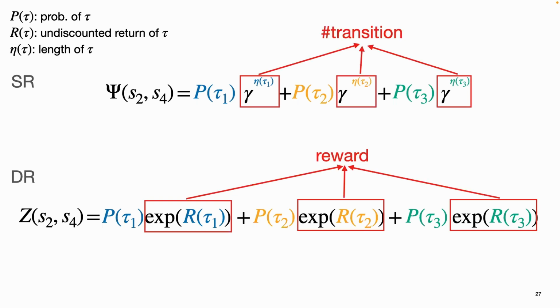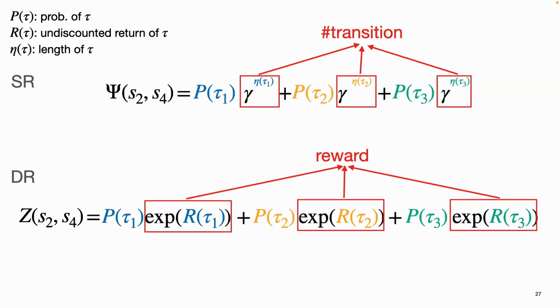The successor representation captures the number of transitions it takes to get from one state to another. But the default representation captures the reward along the way when you travel from S2 to S4.